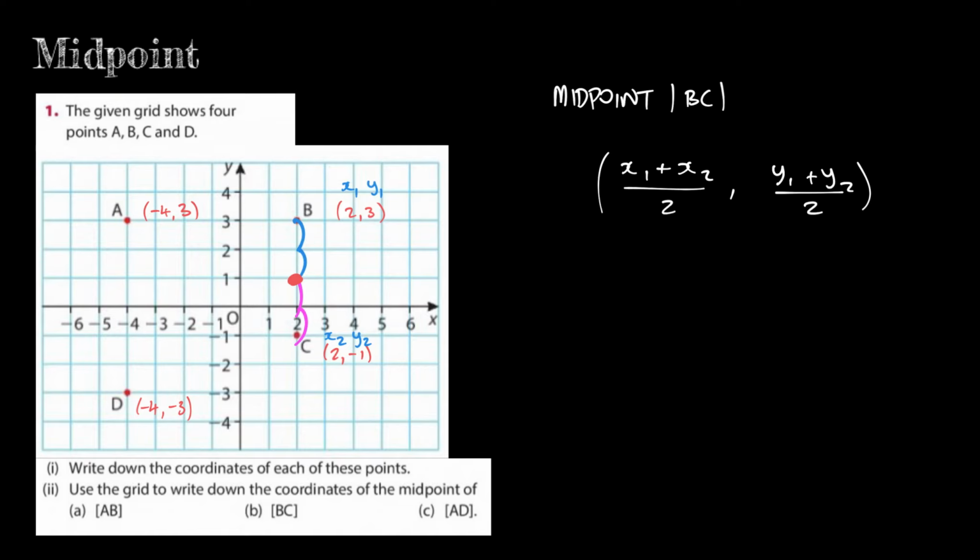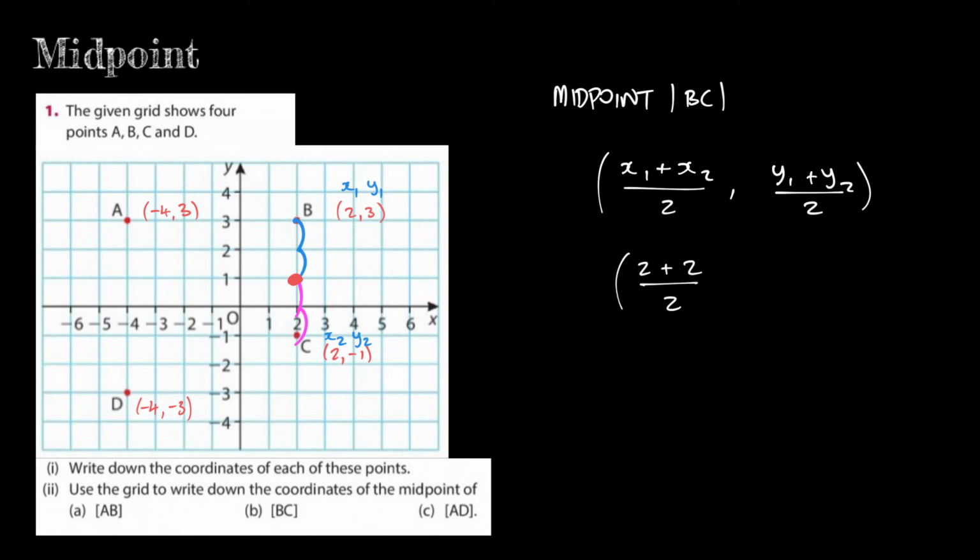Next thing that I need to do is fill in those values here. So x1 is going to be 2 plus x2, which is going to be 2, and divide by 2. So you can see there the x1 came from here, so 2 plus x2, which is 2.